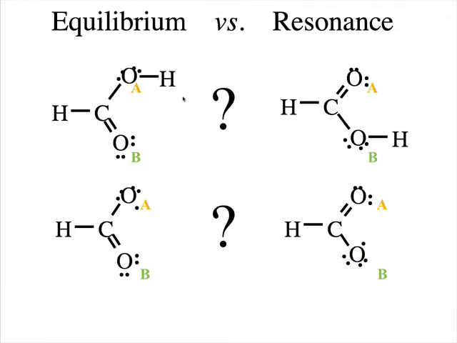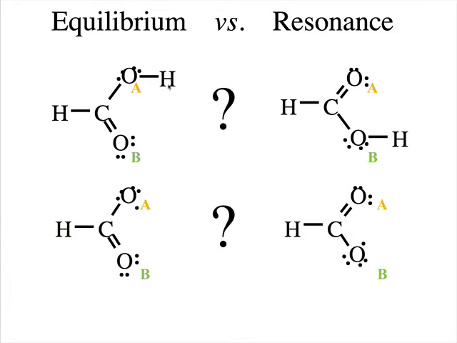We are not only rearranging the electron distribution, we're not only changing where the electrons are, we're also physically disconnecting this hydrogen from oxygen A and moving it to oxygen B. Now, on the structure below, it's a little bit different.